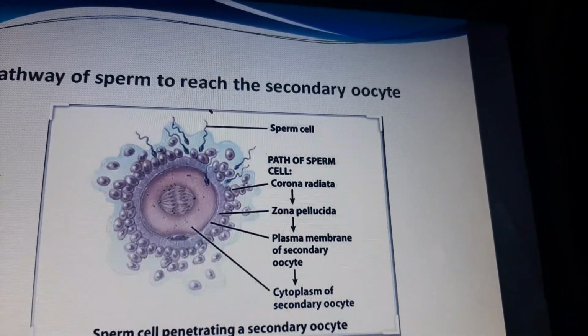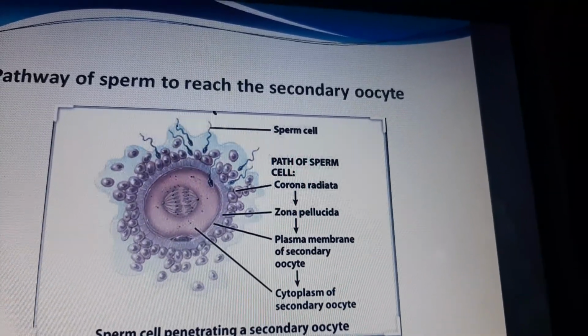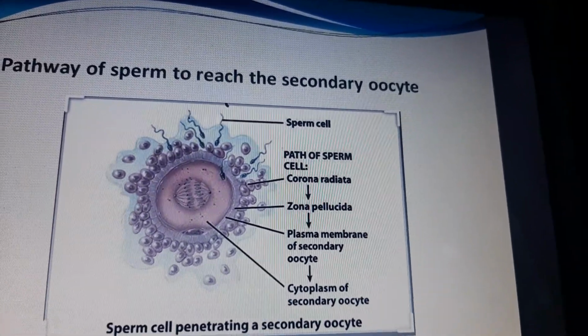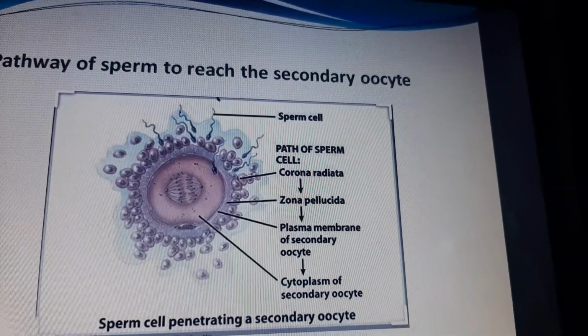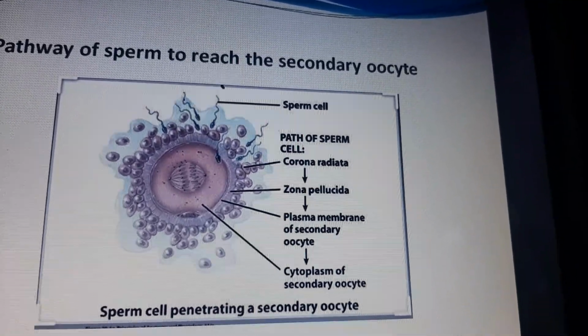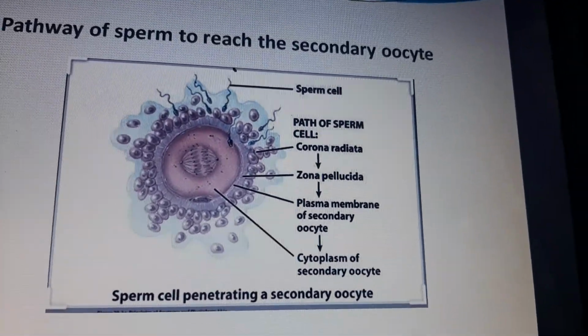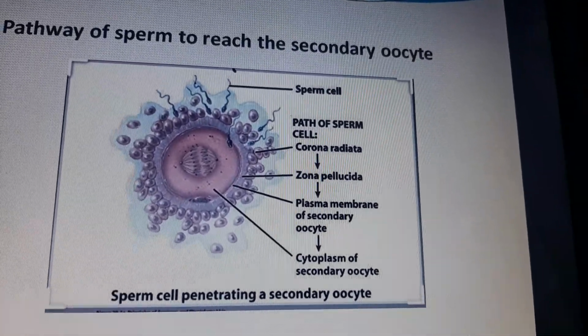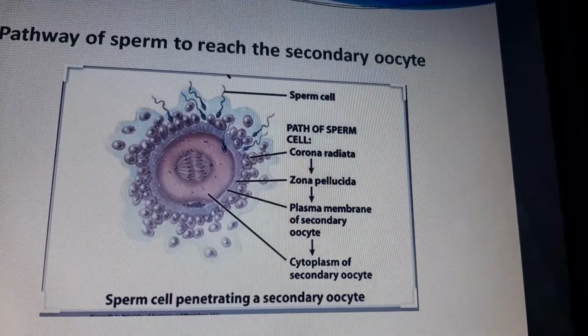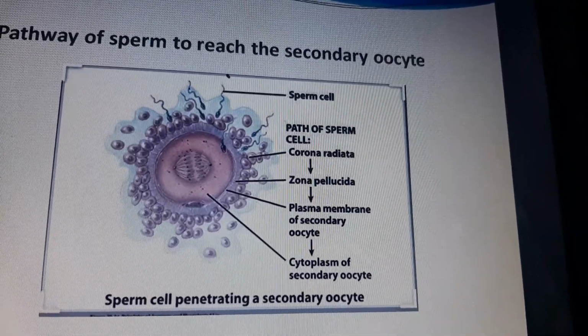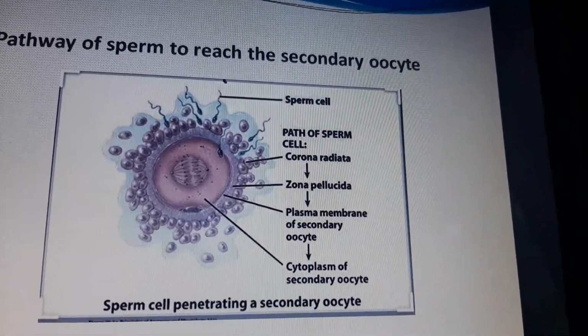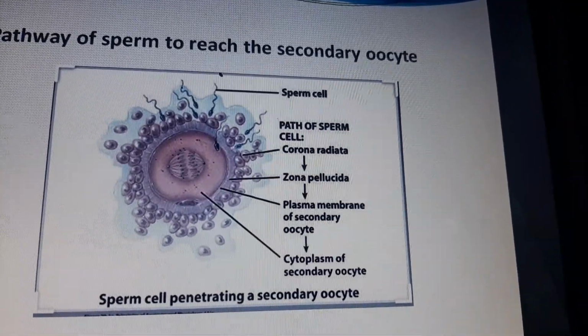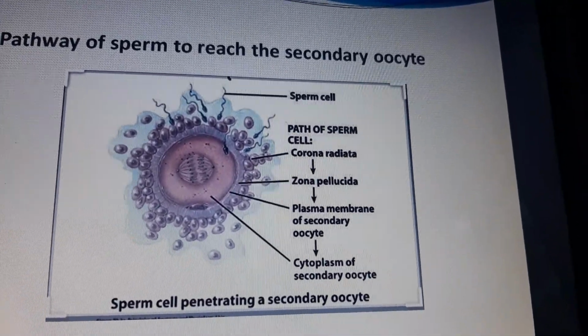These haploid pronuclei fuse together and complete the process of fertilization, forming a diploid nucleus known as the zygote.